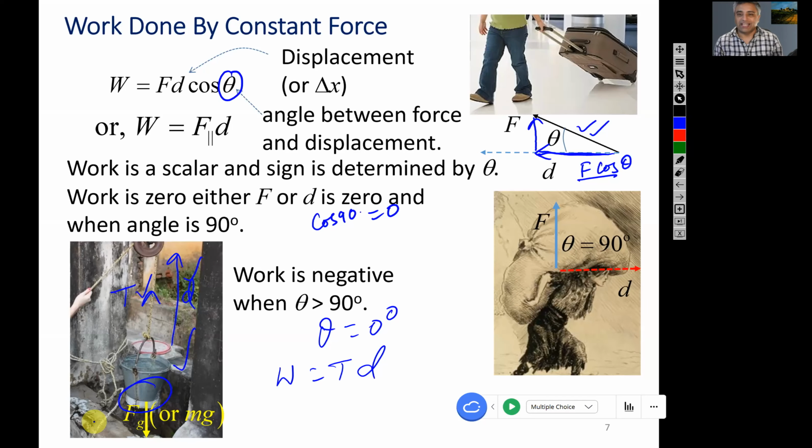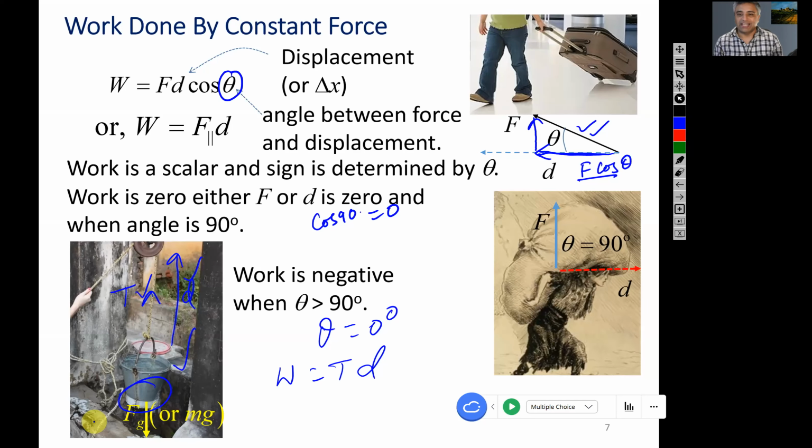So now here is this question. And there are certain cosine values that are going to come in handy. So sine 0 is 0. Cosine 0 is 1, positive 1.